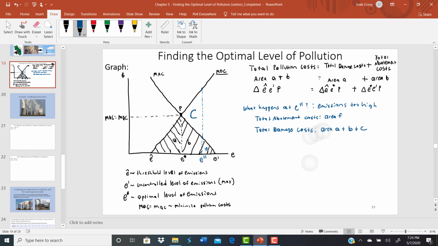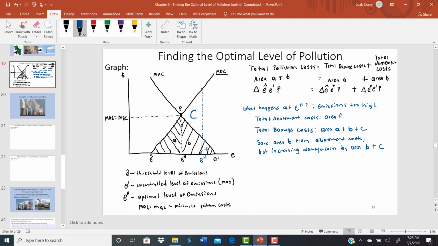So again, we're saving area B from abatement, but we're increasing damage costs by area B plus C, which means all we're really doing is shifting some of those abatement costs over to damage costs, as well as adding an entire area C to our costs that didn't exist before, right?